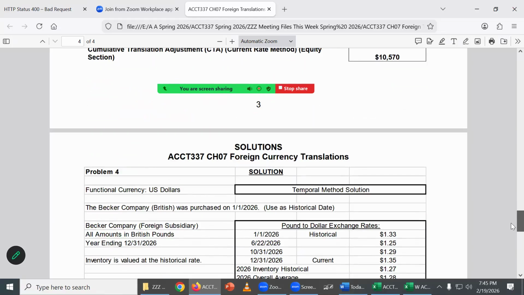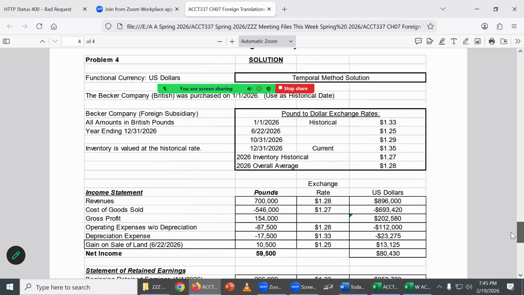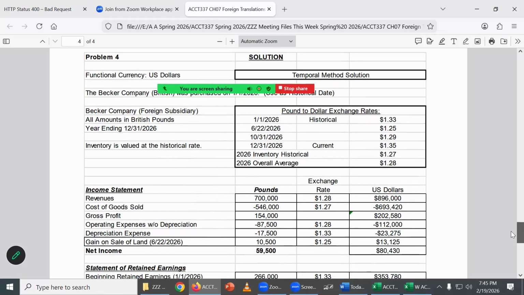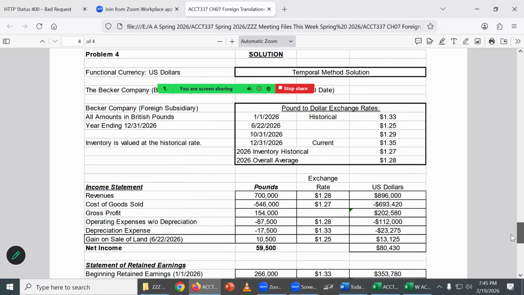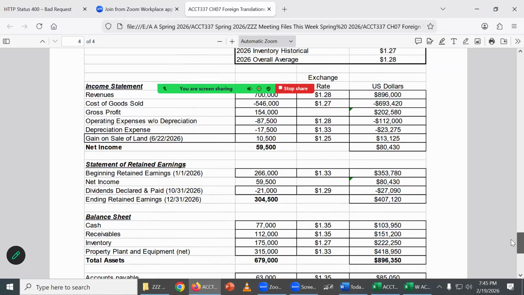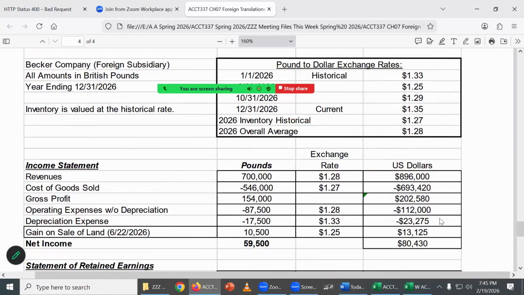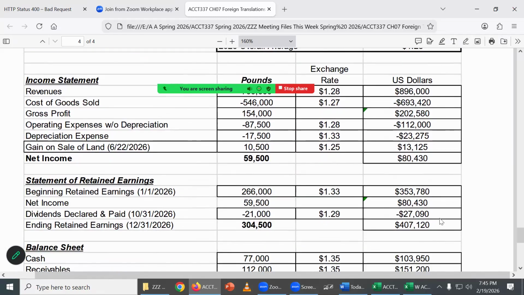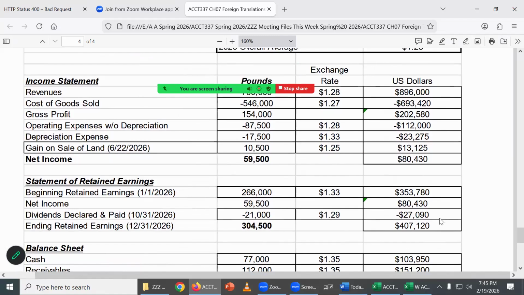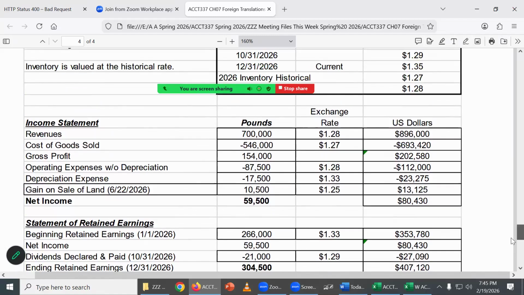And this is number 4. Let me zoom in a little bit so we can actually see it. So this is the first half.